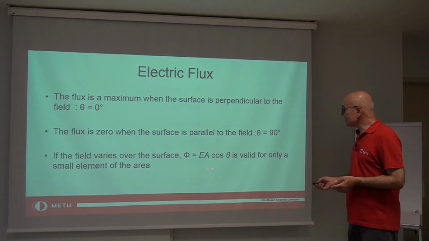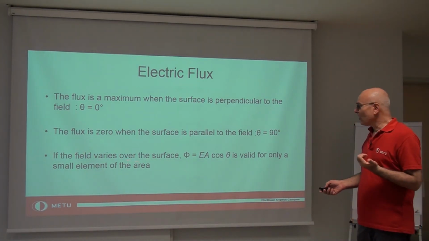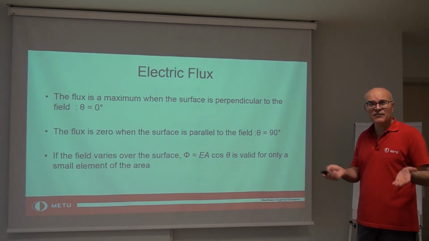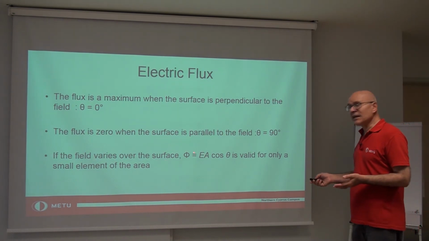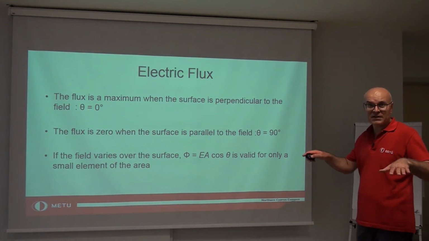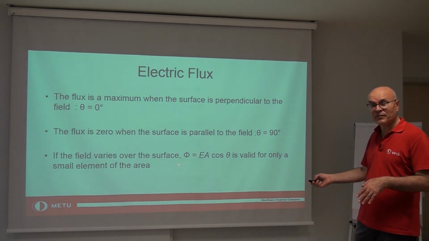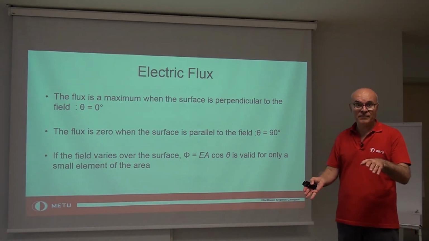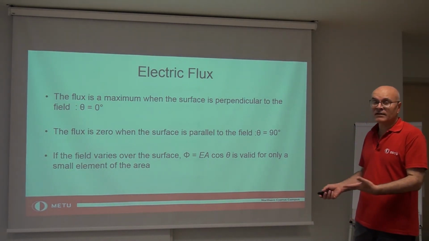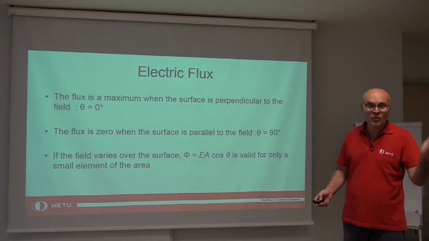Now, this expression that we have derived is valid if your field is uniform over the surface and if the surface doesn't have a curvature, because only then can you define a single A and a single cosine theta over that surface. If the field varies over the surface, then you cannot define a single E. If the surface has a curvature, then the normal will not be the same at all points on the surface.